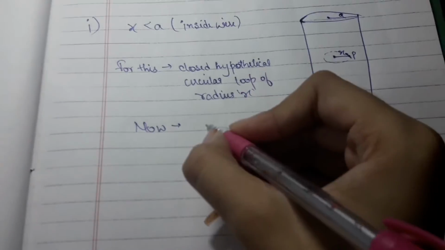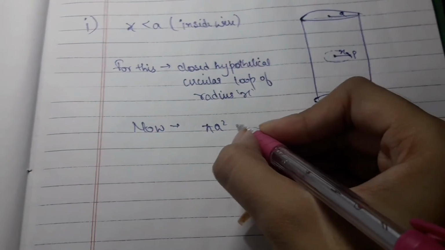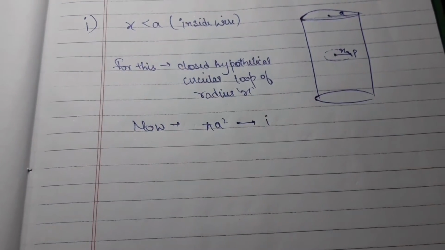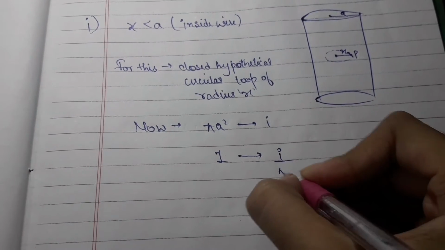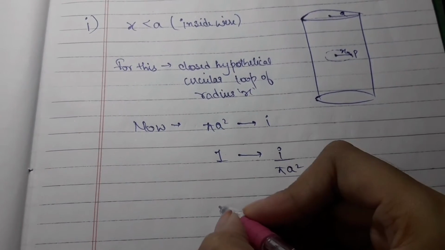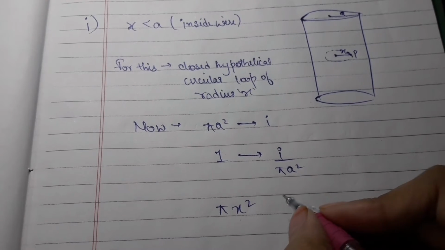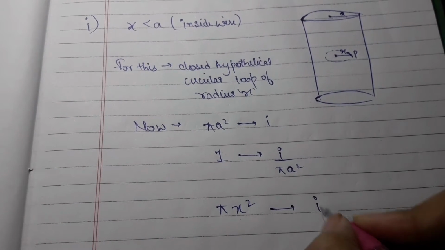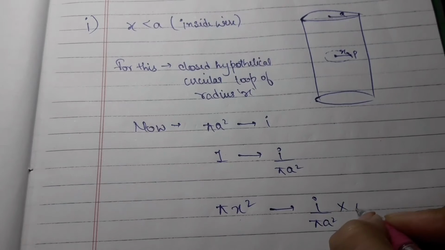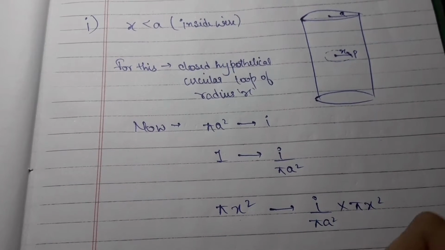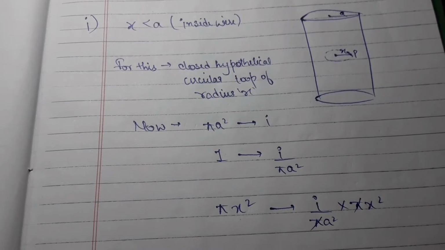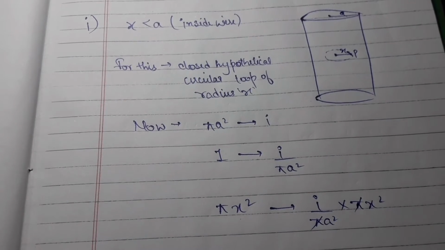Now, in pi a square the current flowing is I, and in 1 unit the current will flow I upon pi a square. Similarly, in pi x square the current will flow I upon pi a square into pi x square. So the new current I dash will be equal to, pi cancels, I x square upon a square.